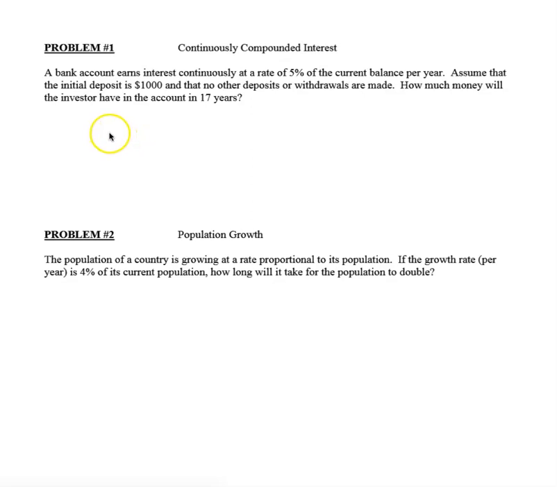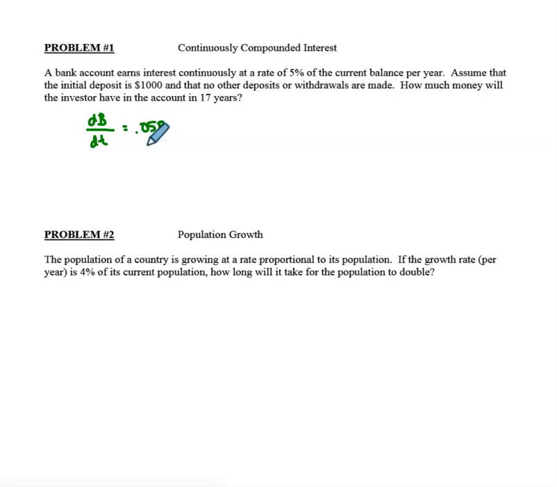This is really just a pre-calculus problem that we're looking at through a calculus lens. So the differential equation that we could write is we have B, and say we call it our bank account. So dB/dt, so our bank account changes with respect to time at a rate that is 5% of our current balance.